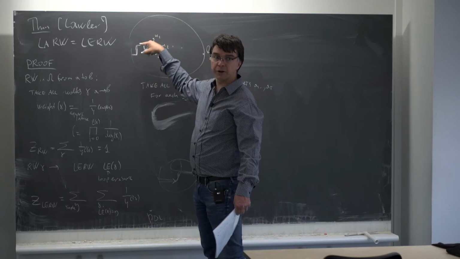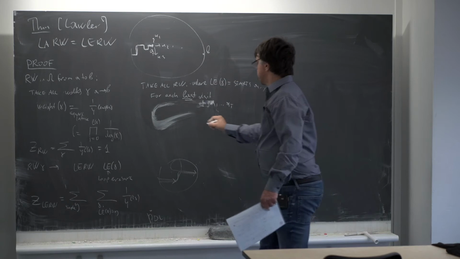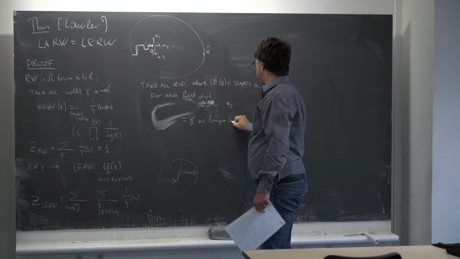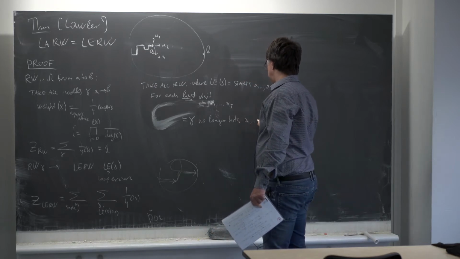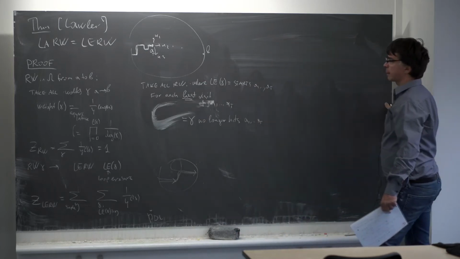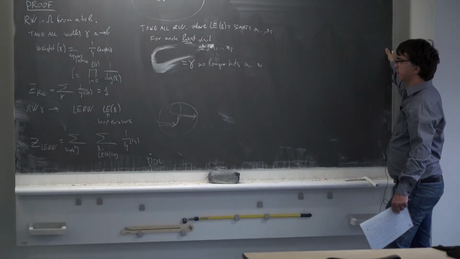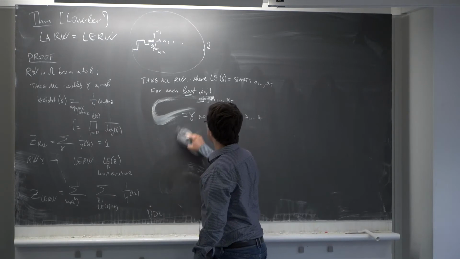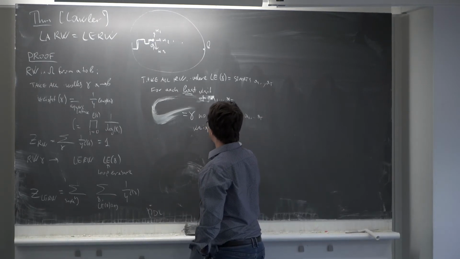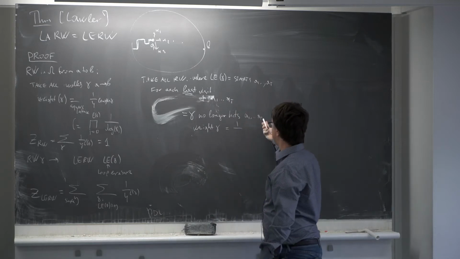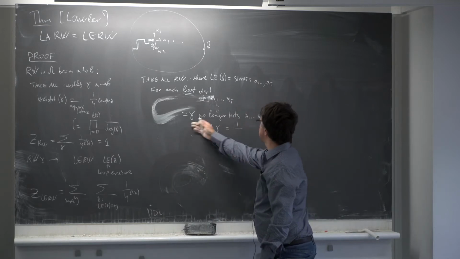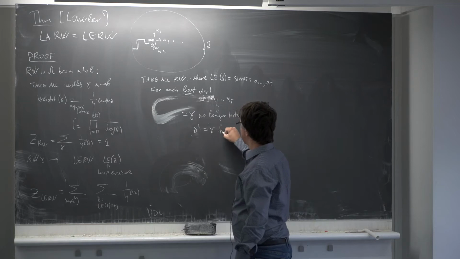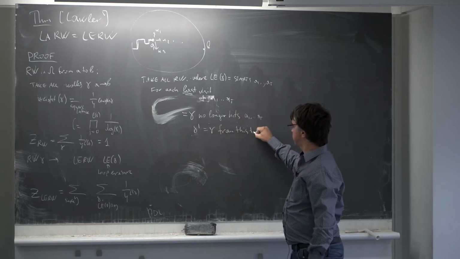We never ever can come back to it. That means that gamma no longer hits A_1 through A_t. And the weight of gamma is proportional to 1 over the degree. Let's say gamma no longer hits A_t, and define gamma prime as gamma from this time onward.